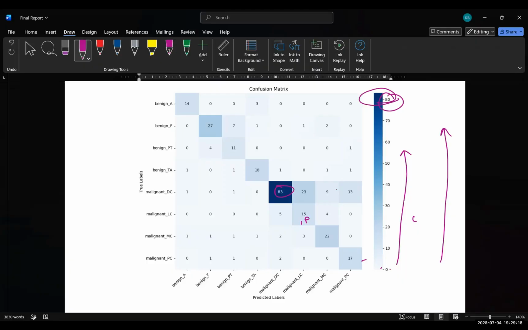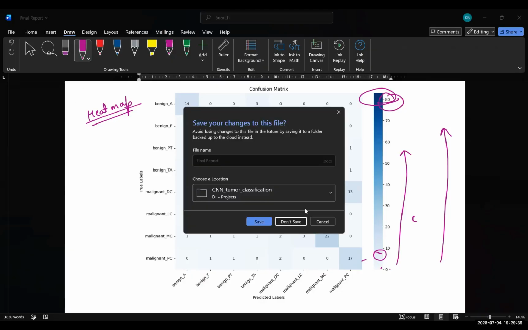And if it is 9, the color is somewhere over here. When you color code a confusion matrix, it becomes a heat map. What does it become? A heat map. A heat map is showing you not only with the help of numbers, but also with the help of color intensity. I hope you understood that.